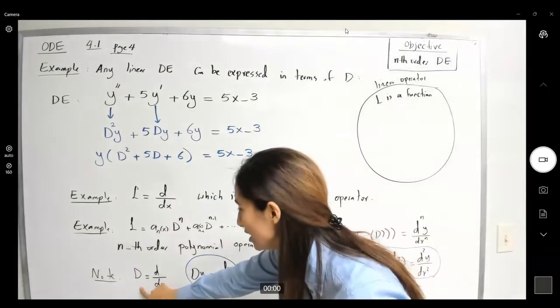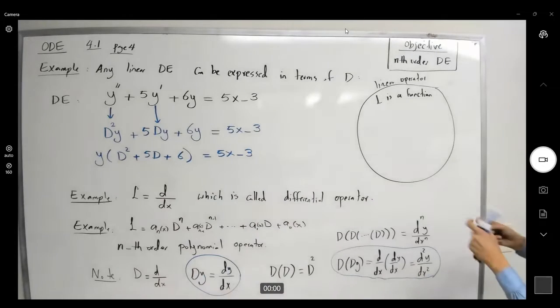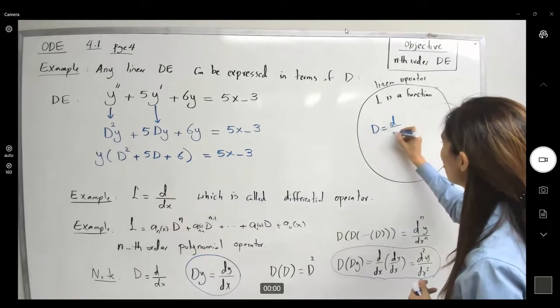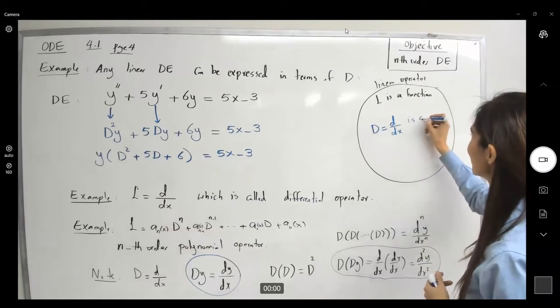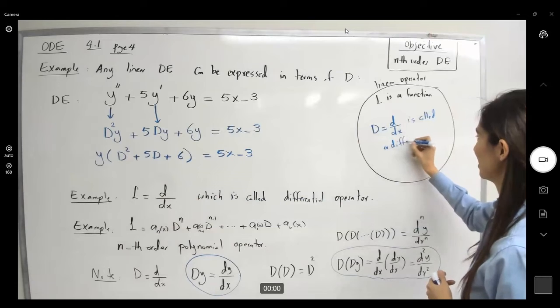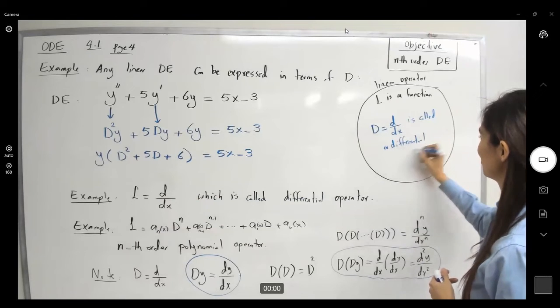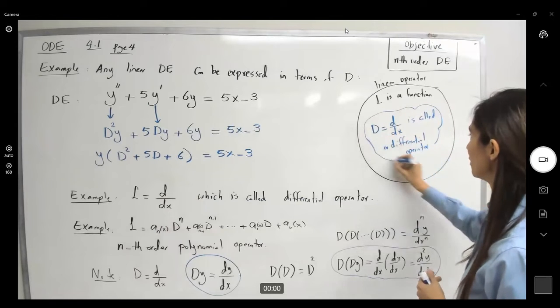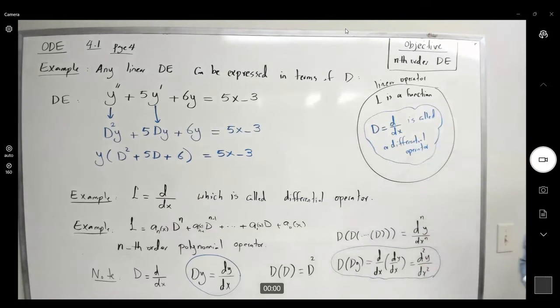It's denoted by D. D equals d over dx is called a differential operator. This is one example of a linear operator.